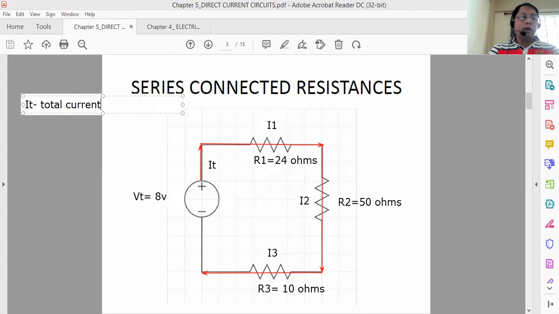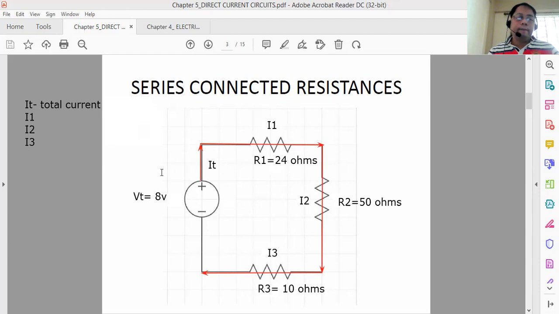Now you have your I1, your I sub 2, your I sub 3. Again, these are the currents that pass through each resistance, so each resistance has its own value of current. Eventually, that current goes back to the battery.